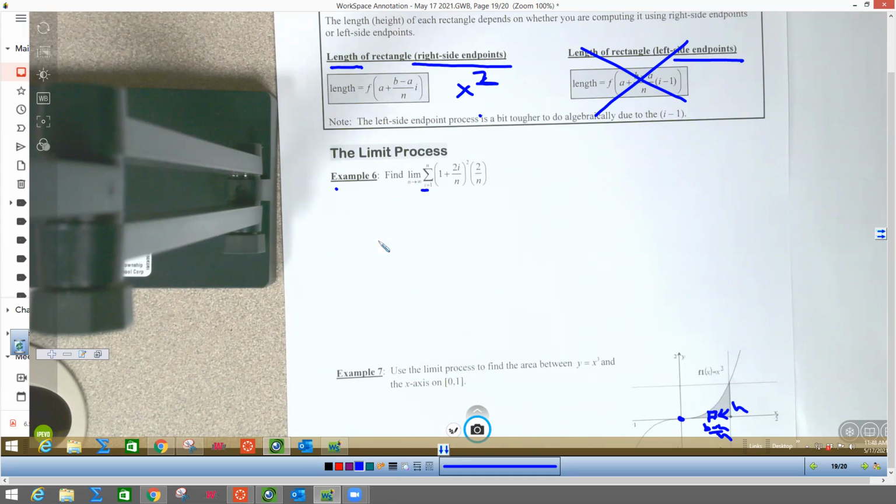So the first thing you want to do is take this 2 over n, my width. Actually, we want to keep the limit out here because the limit does affect n. But we want to move the 2 over n to the front of the sigma notation, because that is a constant.